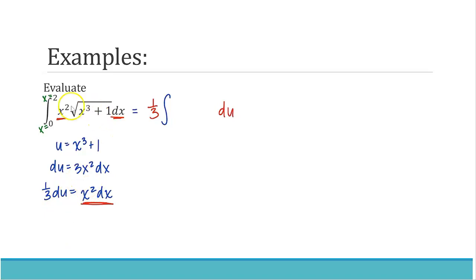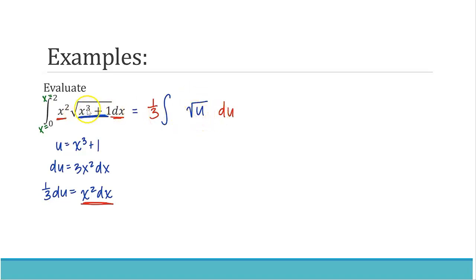So the 1/3 du replaces x squared dx, and then x cubed plus 1 gets replaced with u, so my integral is going to be the square root of just u.